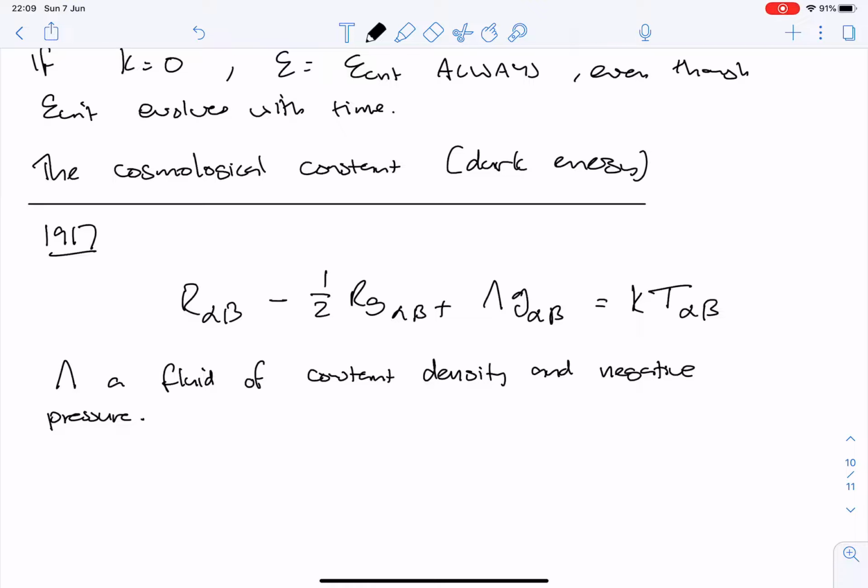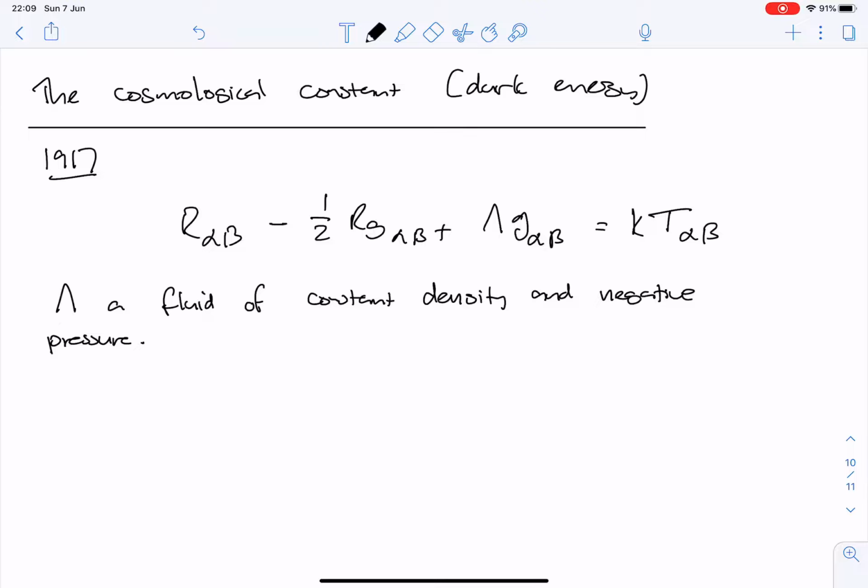And just to put that into context, if I look at the acceleration equation, ä = −(4πG/3c²)(E + 3p), that doesn't appear to allow me to have zero acceleration, because the energy density has to be positive by definition, and you'd think the pressure has to be positive.